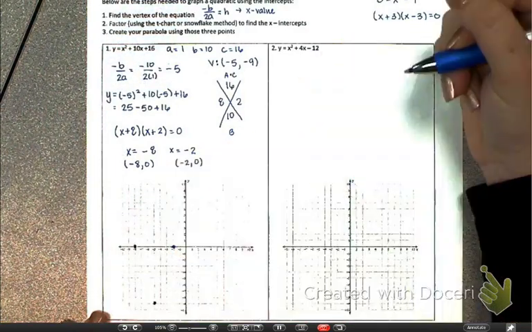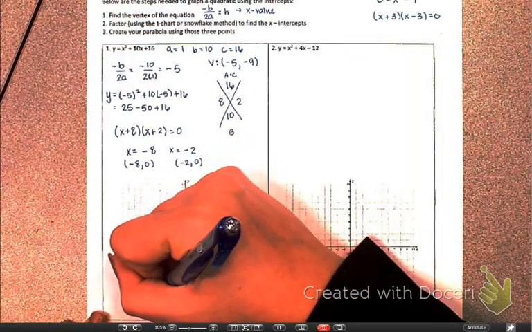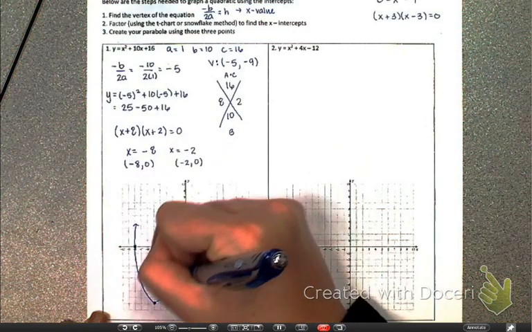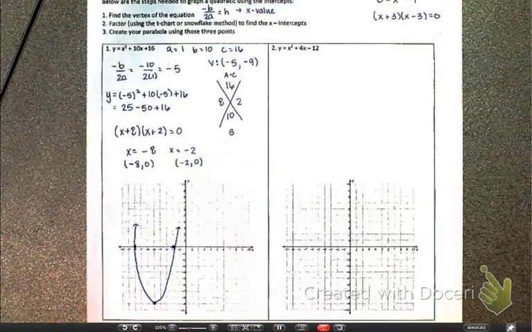Now, we only have 3 points to deal with, so we're going to just sketch as best as we can. And we're going to draw those in. Do you think you and your table can try number 2? Yeah? Okay. So, find your vertex, factor, sketch your graph.